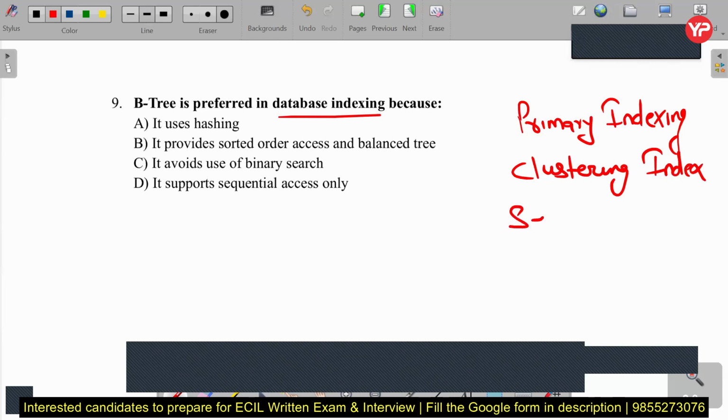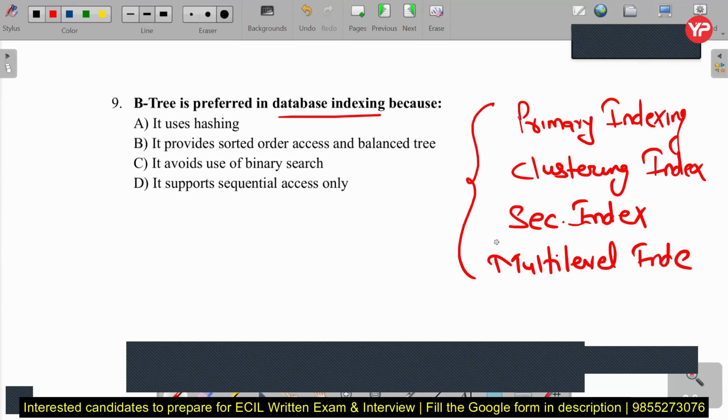And then we have secondary index. And one more is multi-level index. But all these are static in nature. So we move to a topic called dynamic indexing, more specifically dynamic multi-level indexing.